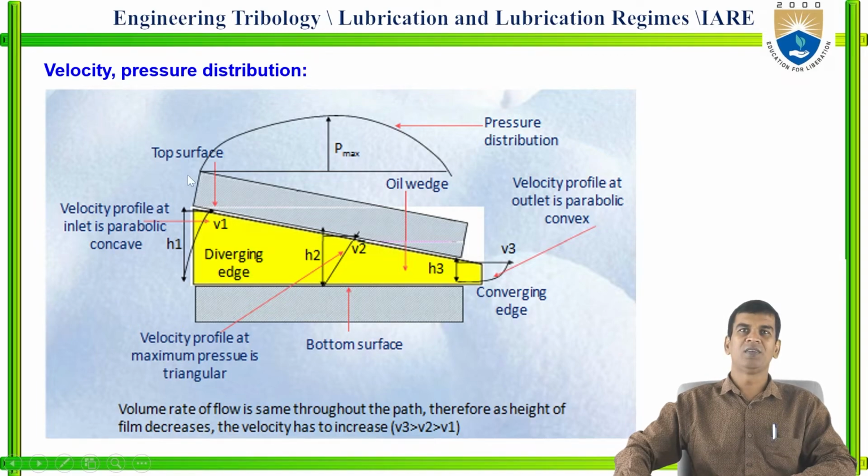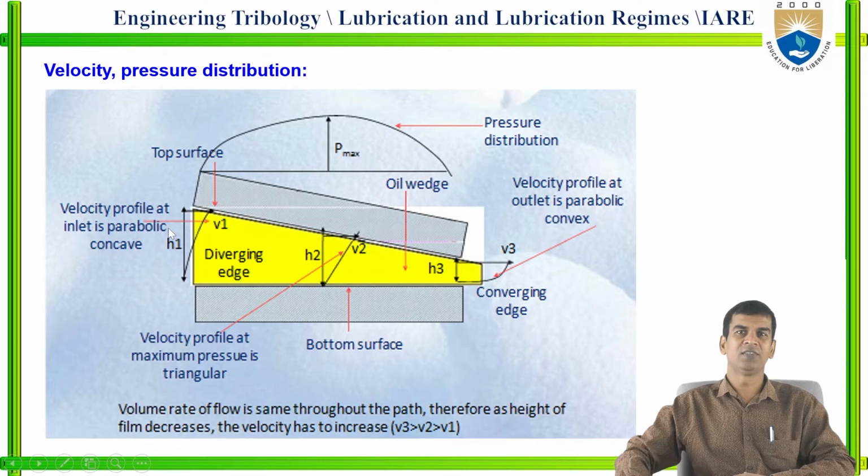At the edges the pressure distribution is minimum, whereas in the middle the pressure is maximum. Here V1 is the velocity profile at the inlet, V2 is the velocity profile where maximum pressure occurs, and V3 is the velocity profile at the outlet. Here you can see the converging edge, and here the velocity at the diverging edge.